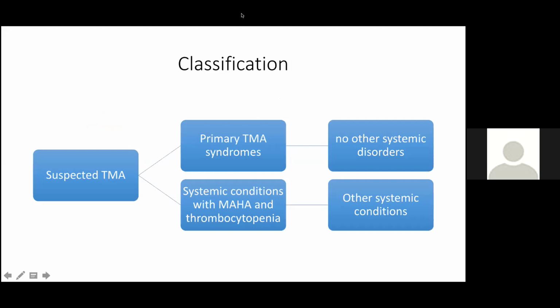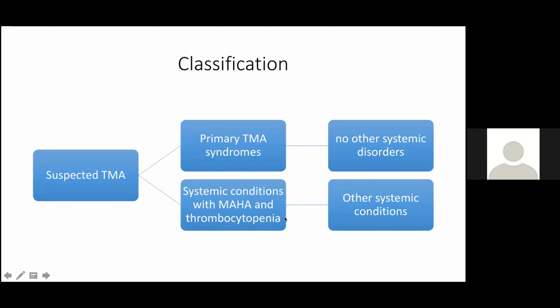This classification is a bit tricky. You have primary thrombotic microangiopathy syndromes, but when similar patients are associated with other diseases, they are not called secondary TMA syndromes; that category is called systemic conditions with microangiopathic hemolytic anemia and thrombocytopenia.